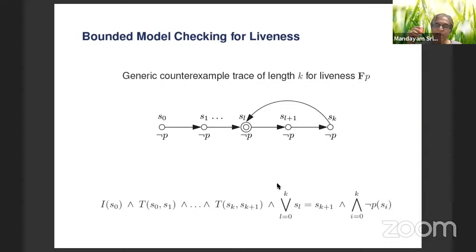It only guarantees absence of counterexamples up to a certain length, but not in the way that I've shown until now; it does not guarantee that this property is proven for the transition system. Any questions?